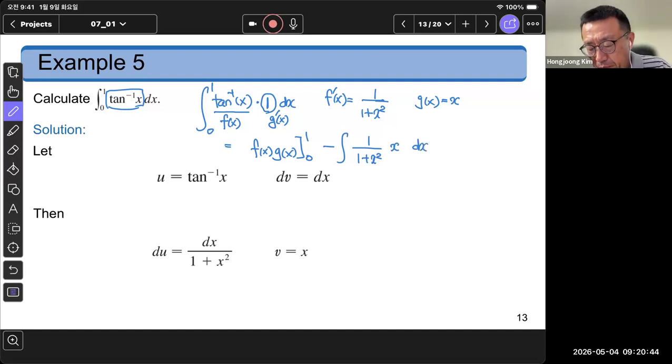So if I consider the first term, I need to first evaluate this product at 1. Now what is f?